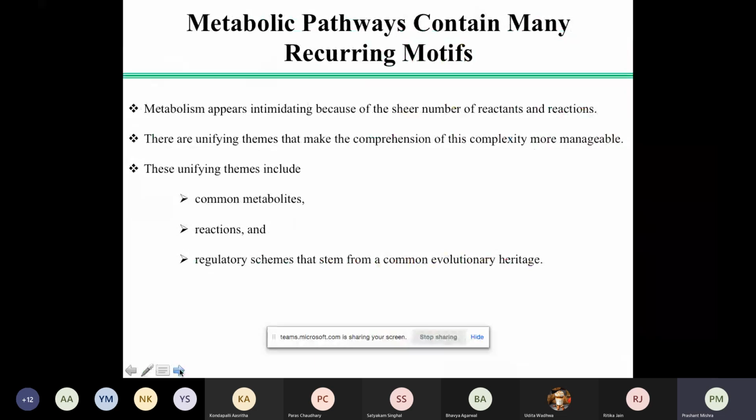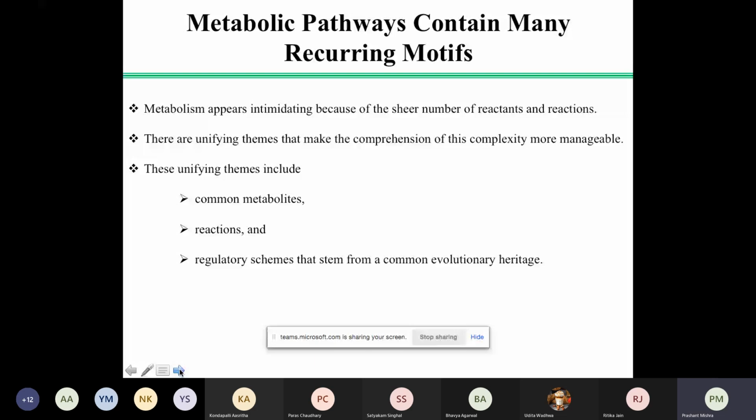Now, the metabolic pathway contains a recurring motif. That means you have seen there is a common theme, a common mechanism, a unifying theme which is responsible for all types of metabolism. So let's see how it happens. Metabolism appears intimidating because of the sheer number of reactants and reactions. Yesterday, I showed you how many types of reactions can occur.